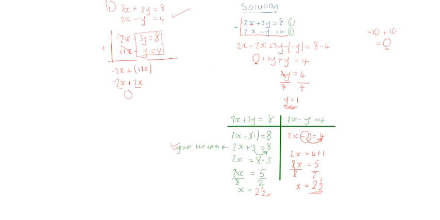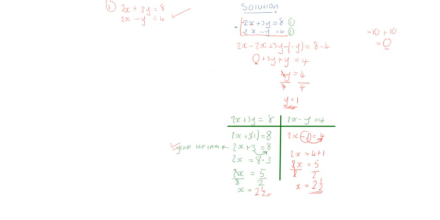So we have come to a conclusion: for you to know which sign you are going to use, the secret is when these numbers have the same sign. If this was positive and the other one was positive, you use a negative outside here. If this was negative and this was negative, you're still going to use a negative.